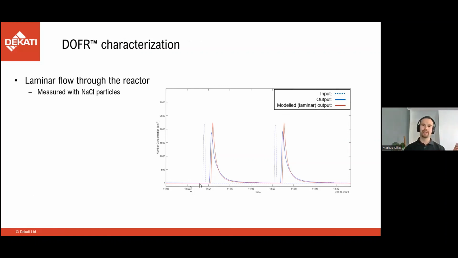If we take this input distribution, or input burst, and use a laminar flow model, the outcome of the model is the solid red line, and the blue line is the actual measured residence time distribution.